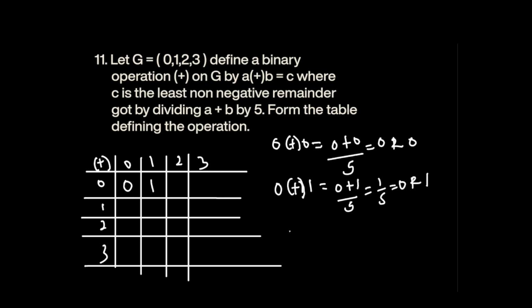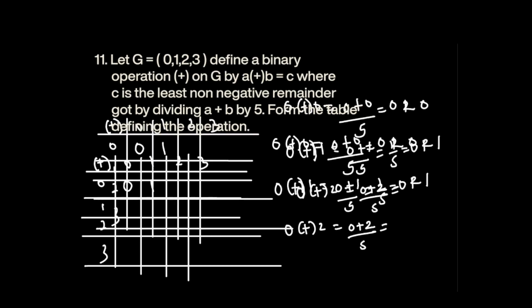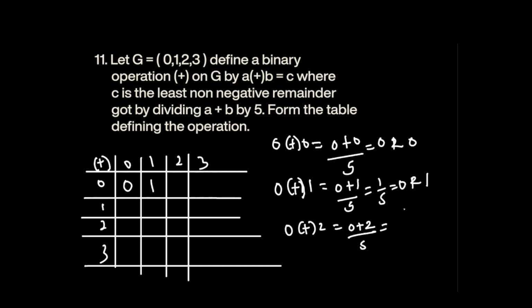Next one is 0 operation 2. 0 operation 2 will be 0 plus 2 all over 5. So we have that 0 plus 2 over 5 will give us 2 over 5, and that will just give us 0 remainder 2.